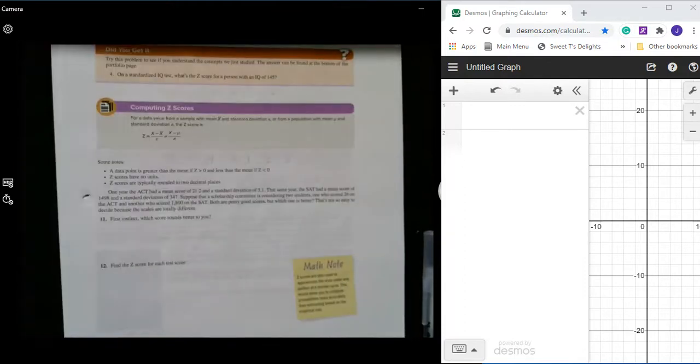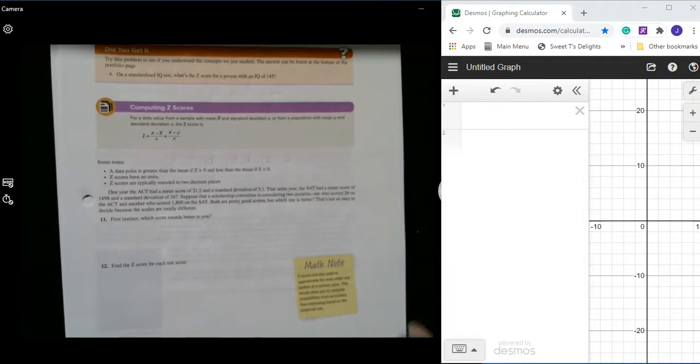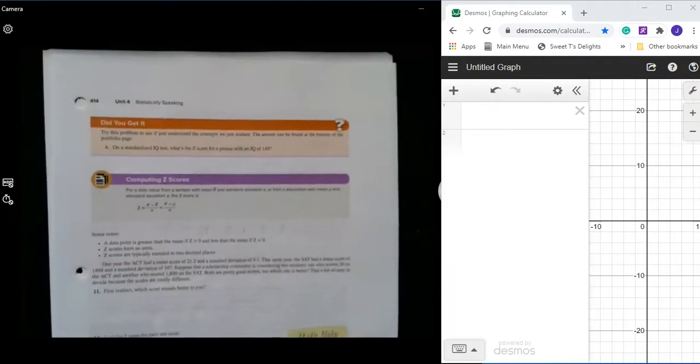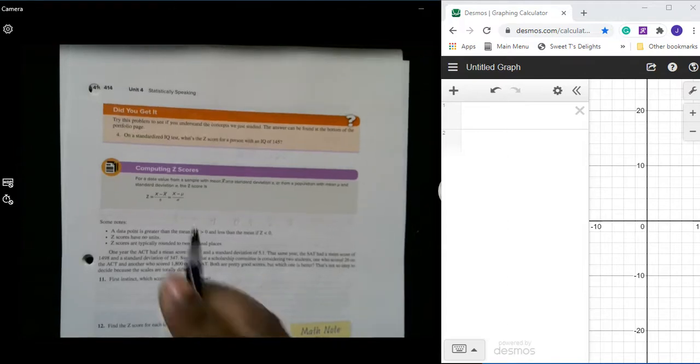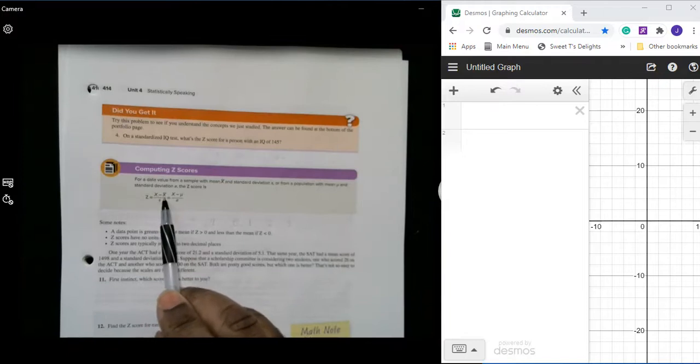Okay, now we move on here to the next page. We have computing z-scores. For a data value from a sample with mean x bar and standard deviation s, or from a population with mean mu and standard deviation lowercase sigma, the z-score is the score minus the mean divided by the standard deviation.